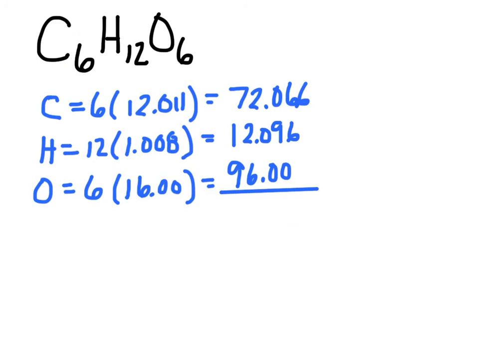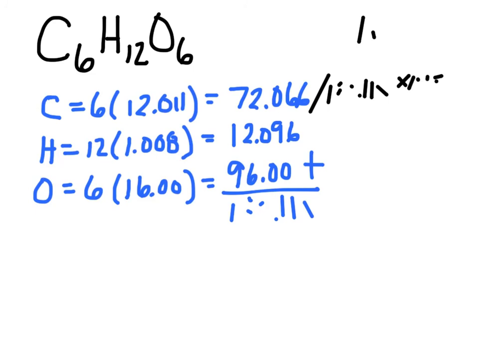Then you're going to add those up. I got 180.162. Now at this point what you want to do is divide to get the percent. You're going to take and divide each of these by that 180.162 and then times it by 100 to get the percent.